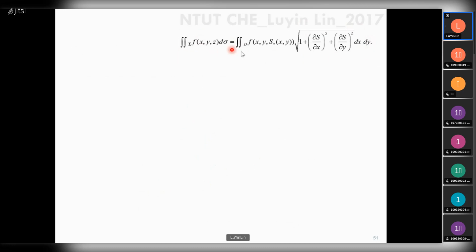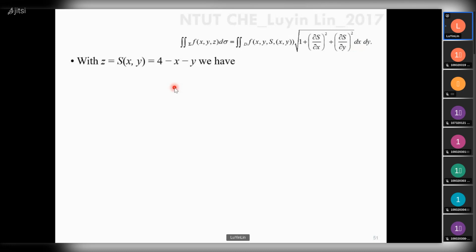So we want to use this equation now. Z can be a function of x and y, so you can use the equation here.